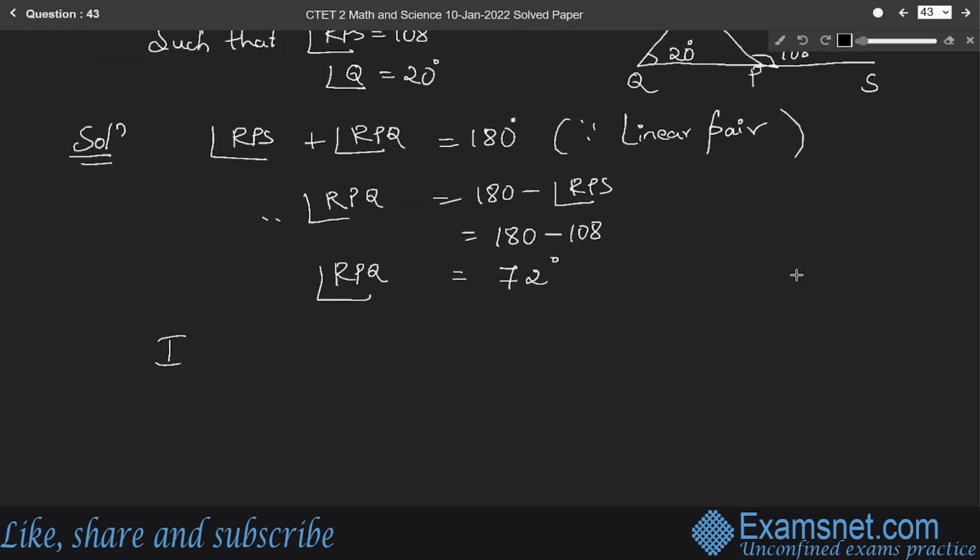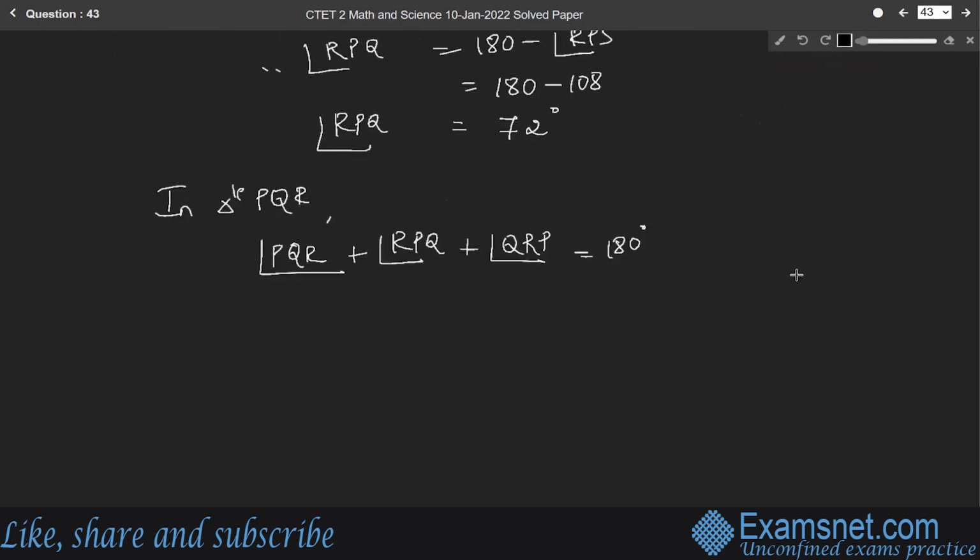So, in triangle PQR, angle PQR plus angle RPQ plus angle QRP is equal to 180 degree.